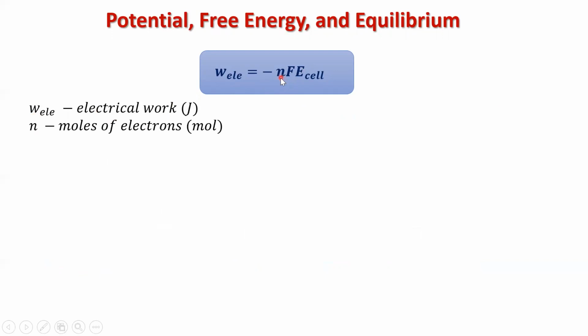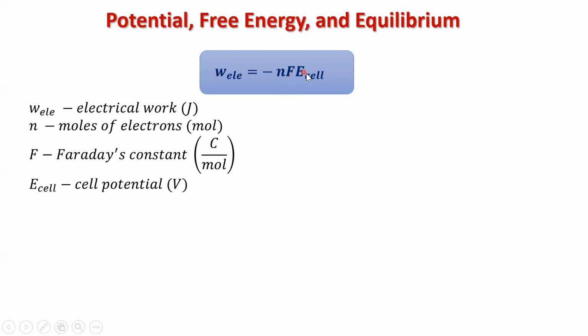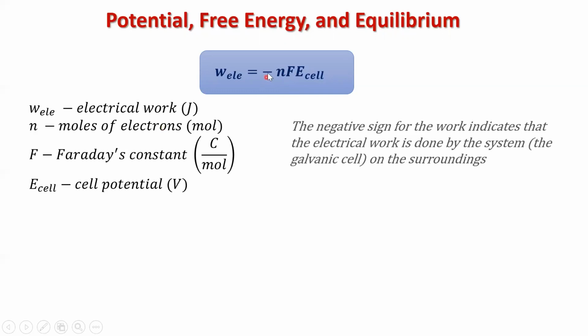N stands for the number of moles of electrons in that system. F stands for Faraday's constant in terms of coulombs per mole of electrons. And E cell is our cell potential. The negative sign here is there because the system, the galvanic cell, is doing work on the surroundings.